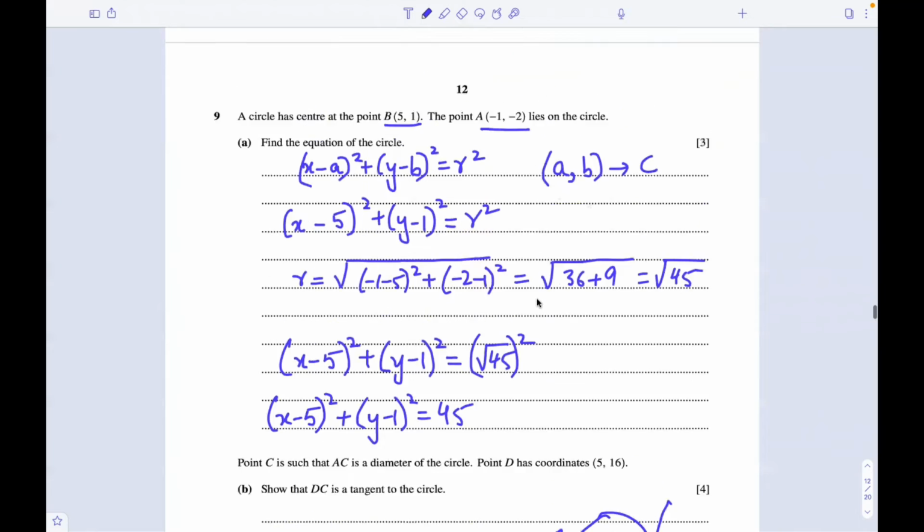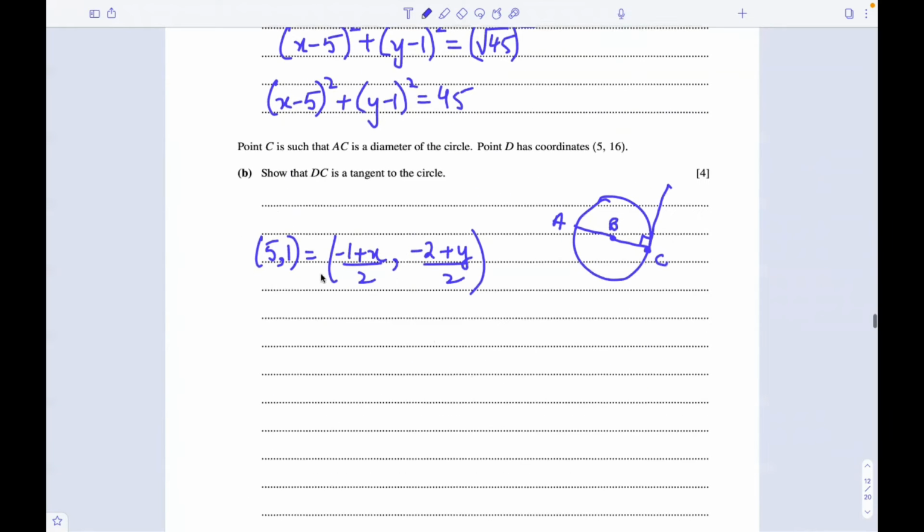So now equating 5 with the x coordinate, we have 5 is equal to (minus 1 plus x) upon 2, and 1 is equal to (minus 2 plus y) upon 2. Simplifying this, we get x is equal to 11 and y is equal to 4. So the coordinates of C are (11, 4).